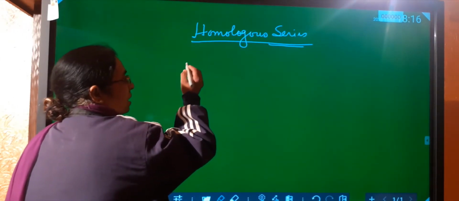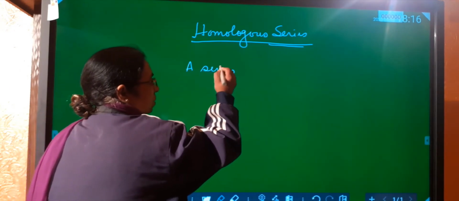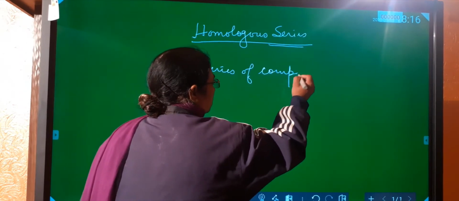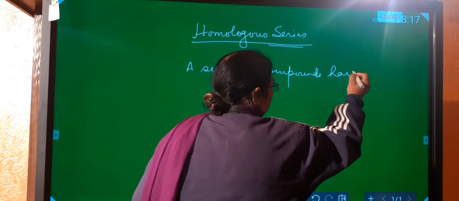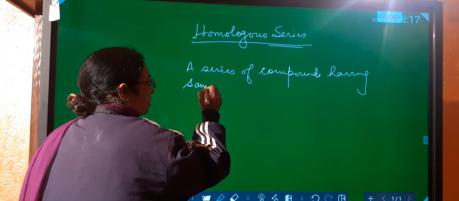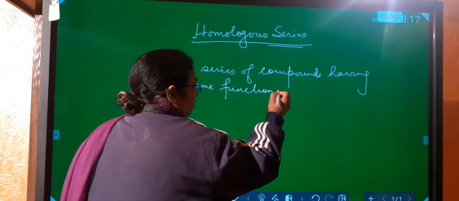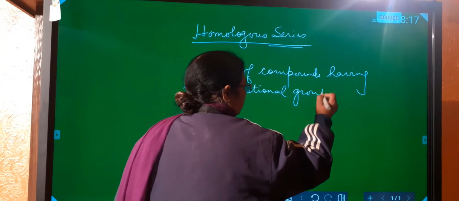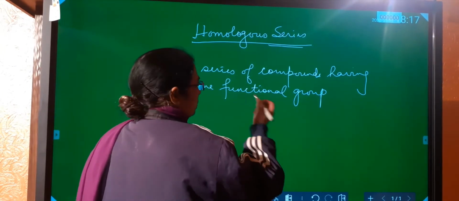So let's write that this is a series of compounds having the same functional group. All the compounds have the same functional group, and since the functional group is the same, their properties will also be the same.